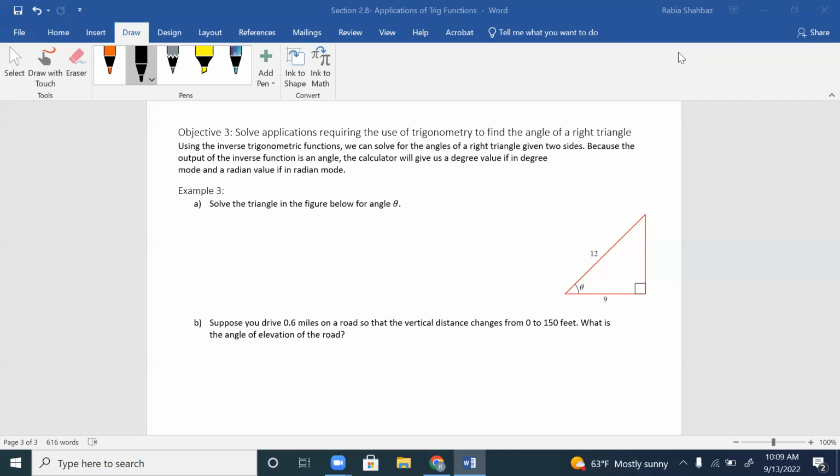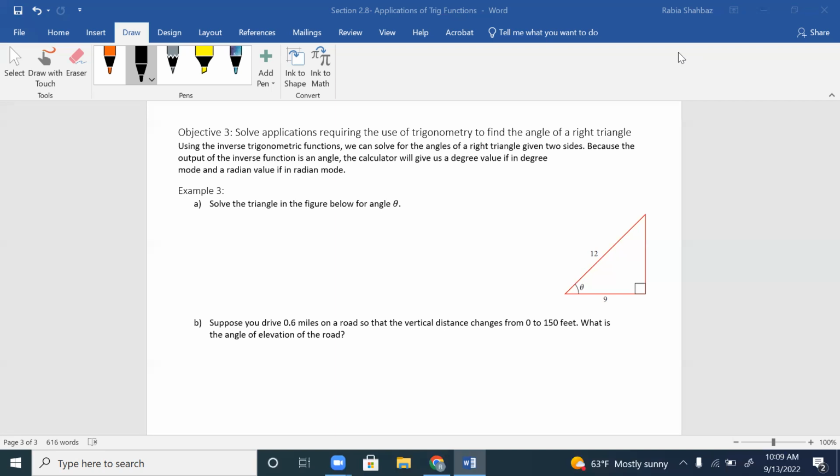Then you can figure out how far the boat is from the base of that lighthouse. Even if your angle is not very exact, you can get a good approximation by just using these two measurements, the angle and one of the sides.